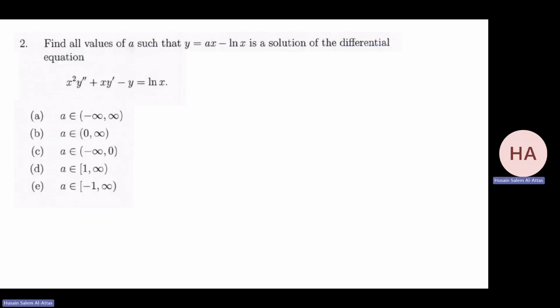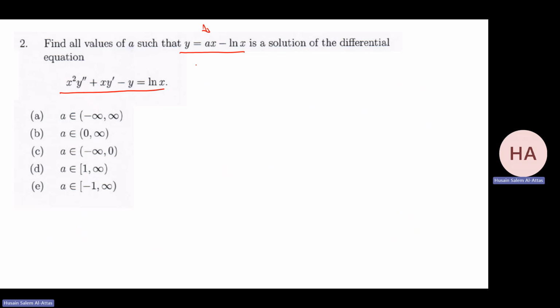Another problem, find all values of a such that y is a solution. I need to find the value of a so that this will be a solution of this differential equation. Is there a restriction on a so that this y satisfies this equation?